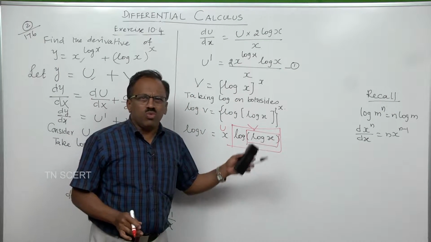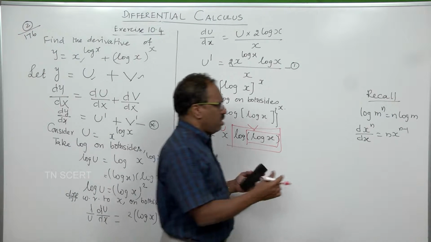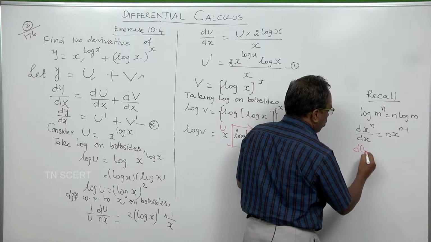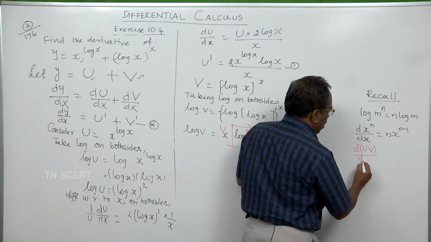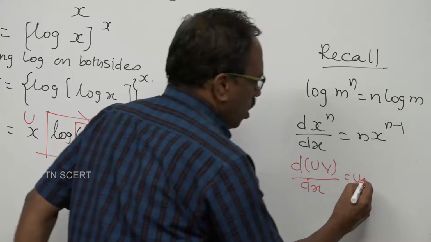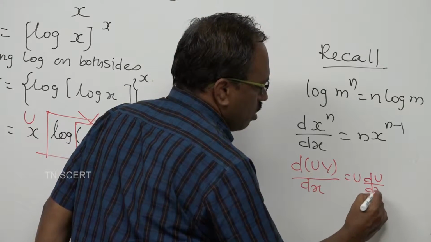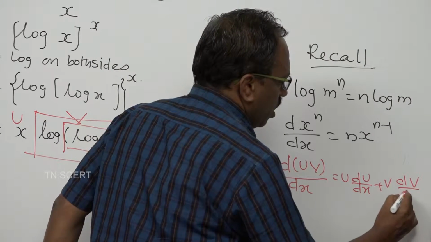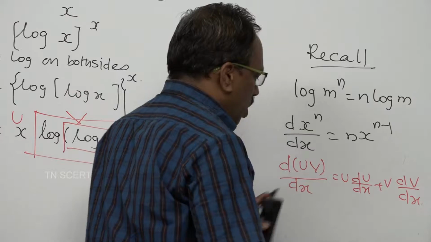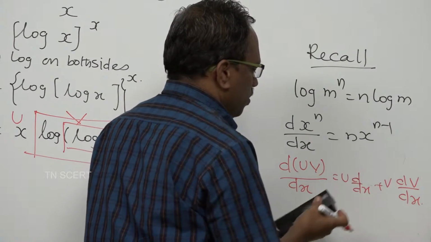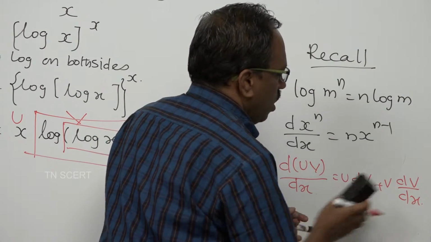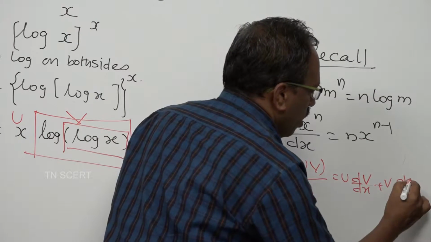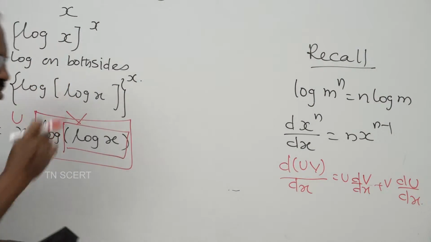You must remember the formula: d of uv is u into du by dx plus v into dv by dx, that is u dv by dx plus v du by dx. Like this you can write.